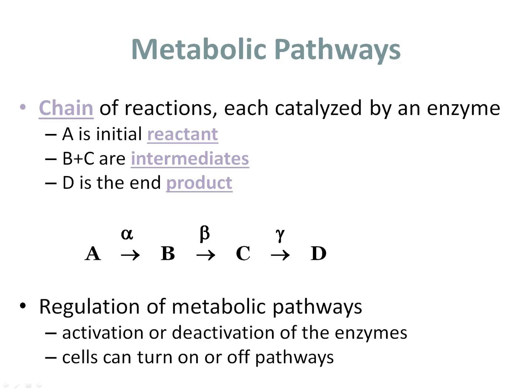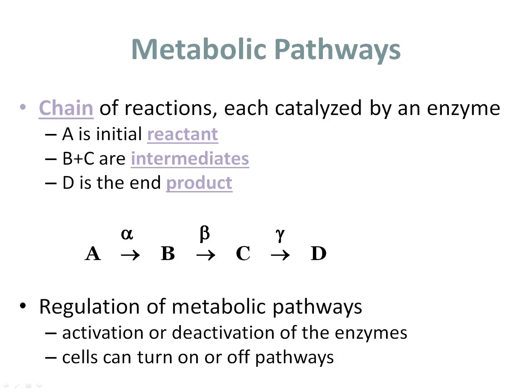So a metabolic pathway is a chain of reactions, each catalyzed by an enzyme. In this pathway that you can see depicted below, A is the initial reactant, B and C are intermediates, and D is the product. Intermediates are basically just in-betweens as we go from our initial reactant to the product.